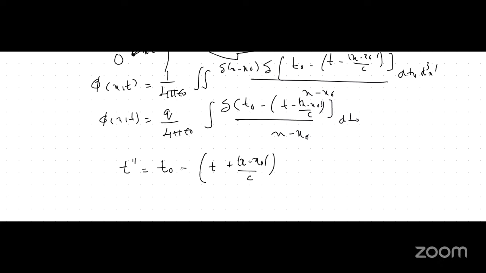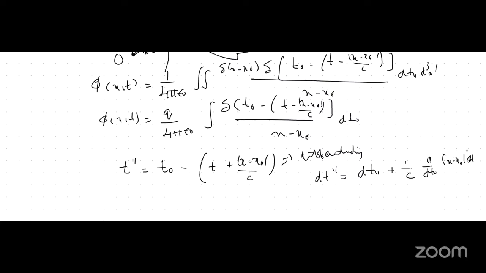If you differentiate this equation, we will get dt double dash equals dt naught plus 1 by c d by dt naught of |x minus x naught| into dt naught.